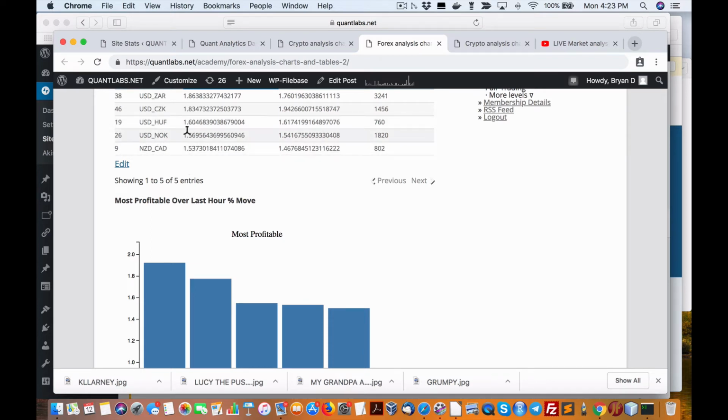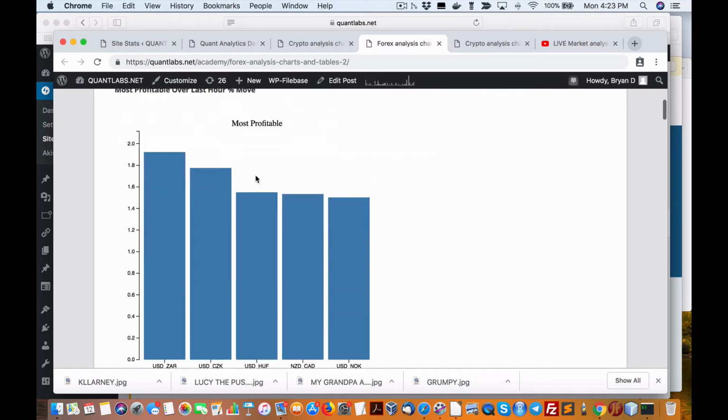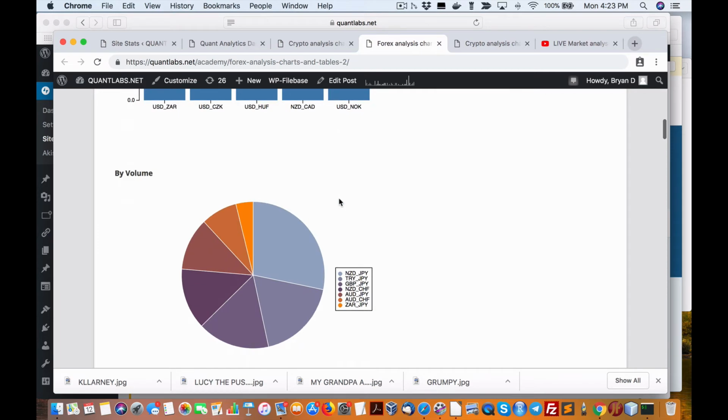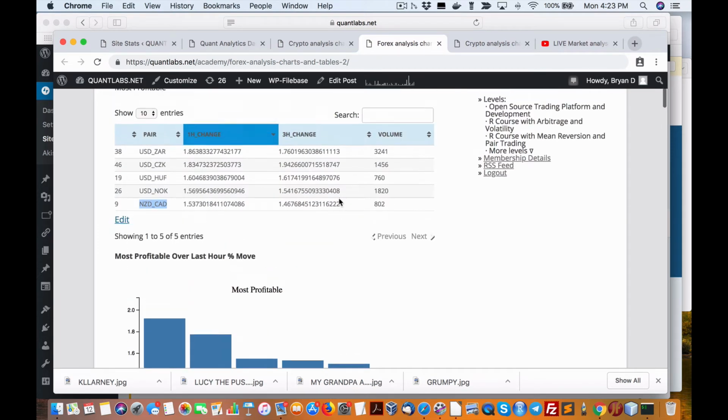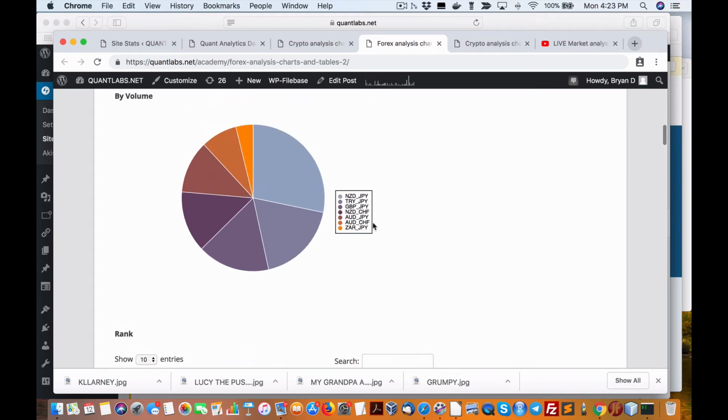I'm always intrigued to see the Norwegian kroner, see how it does, and the New Zealand dollar. This one I think is still hovering from the really good economic news from New Zealand that has clearly impacted the New Zealand economy and the dollar, or the Kiwi as they call it.